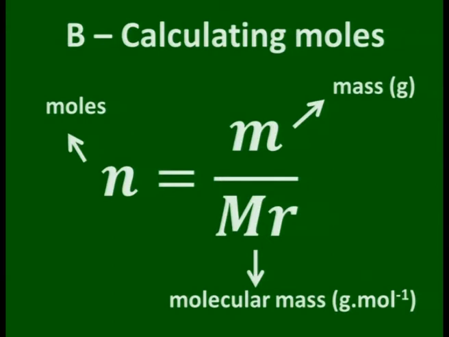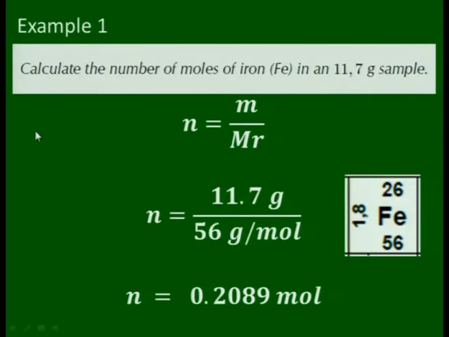Example 1. Calculate the number of moles in iron in an 11.7 gram sample. Moles is mass divided by molecular mass. The mass is given to you in the question, 11.7 grams.